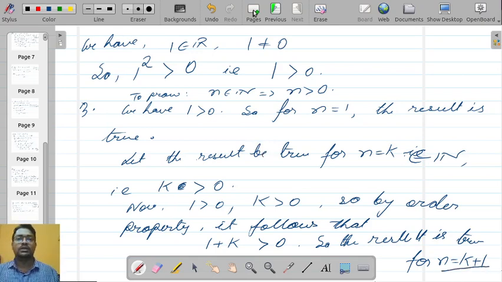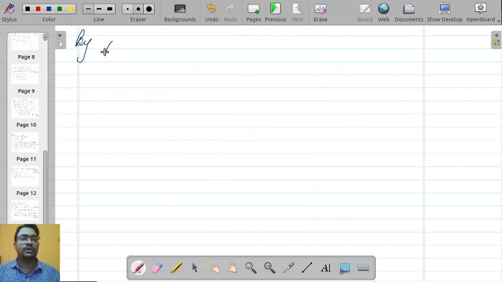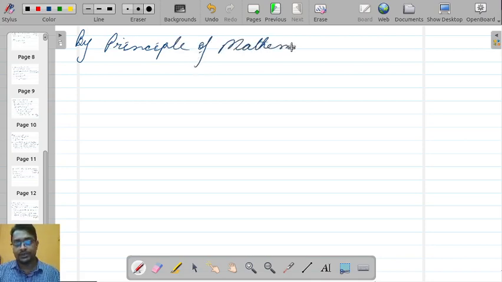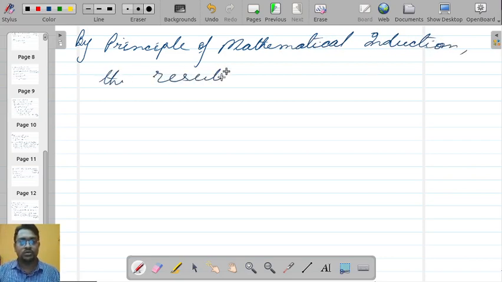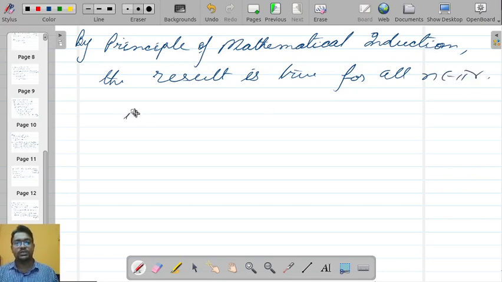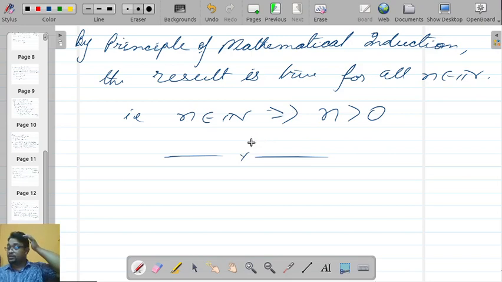So by principle of mathematical induction, which you have already done in higher secondary, the result is true for all n belonging to natural numbers. That is, n belongs to natural numbers implies n is greater than 0. So all natural numbers are positive.